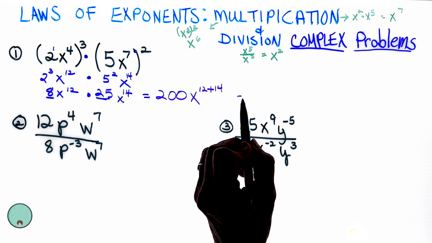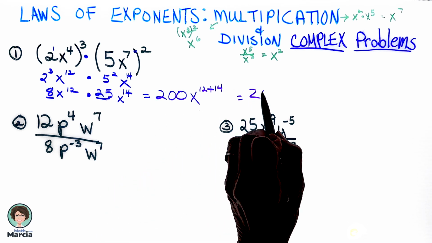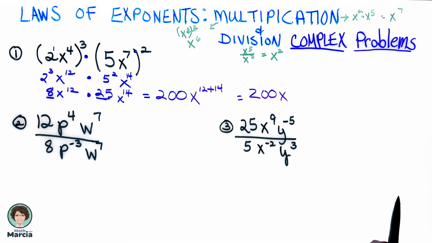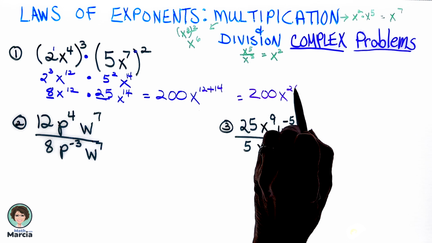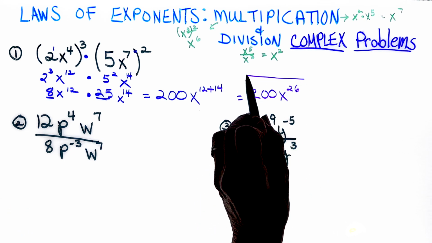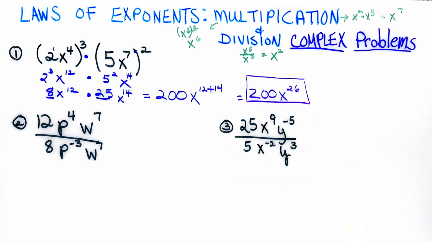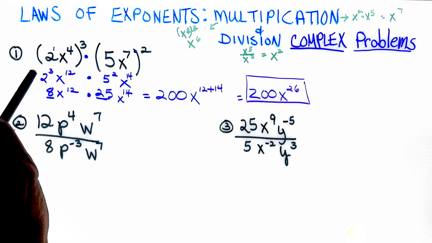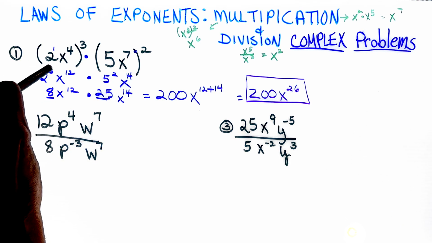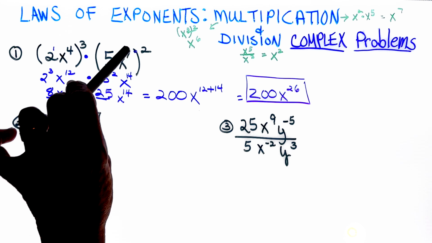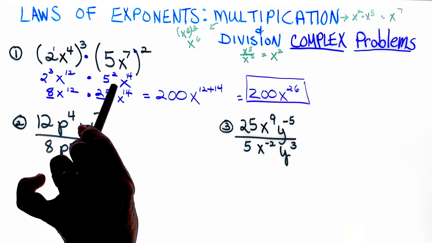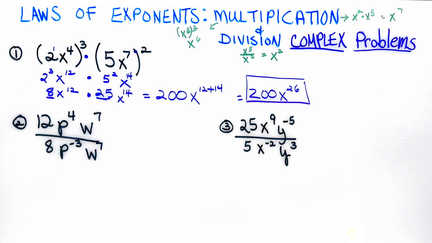So our final answer for this is 200 x to the 26th power. And there it is. Again, order of operations: do the first, do the second because of the exponent, and then you do multiply.